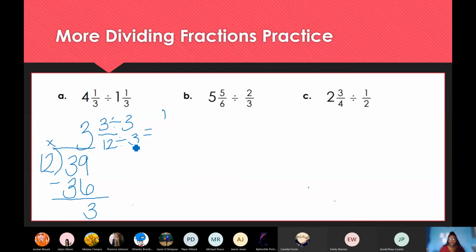And 3 times what will equal 12? 4. So my new answer here, after all of our steps, is 3 1/4. That's a lot, I agree.